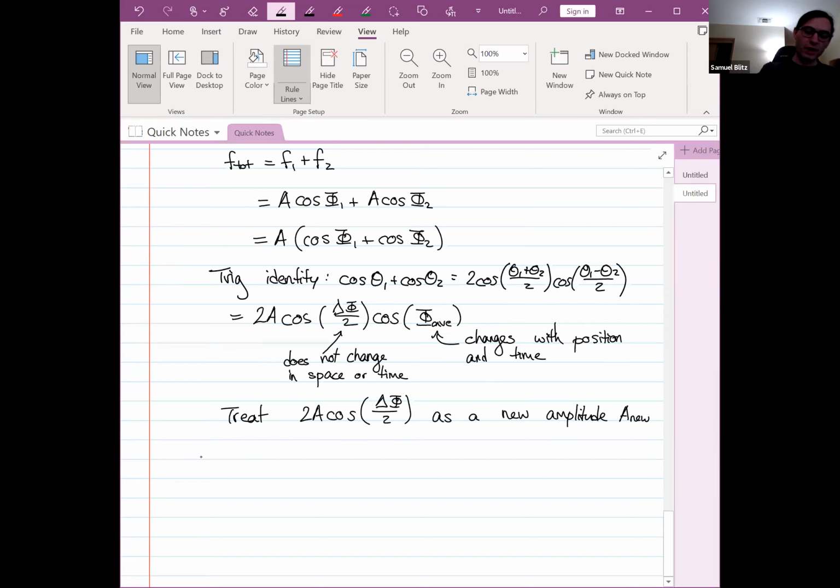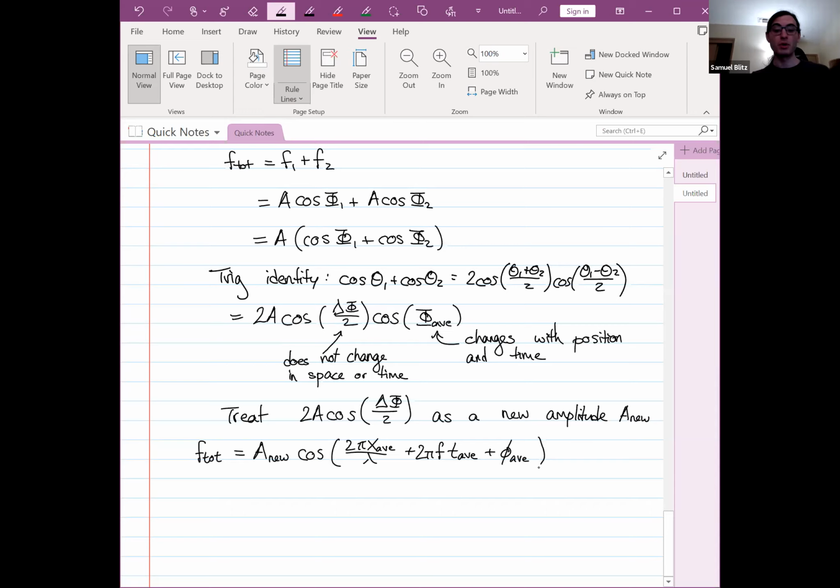And so our f total becomes a sub nu, the amplitude of our new combined wave, times cosine of 2 pi times the average x position over lambda plus 2 pi f times the average duration that each one has been on, plus the average of the phase constants. And averages distribute over addition, by the way, so this should be fairly straightforward.